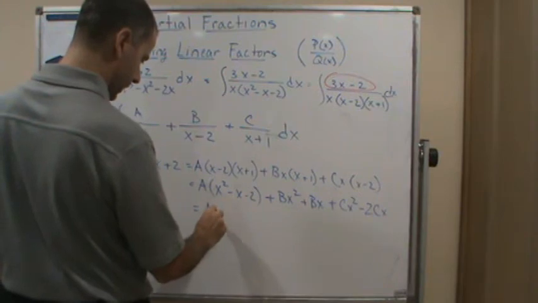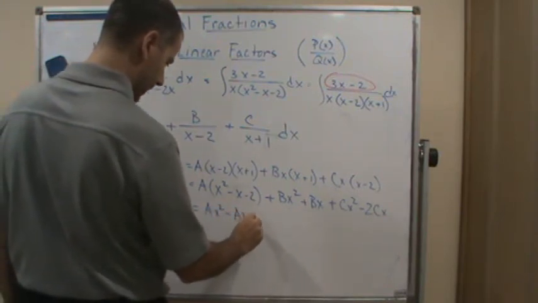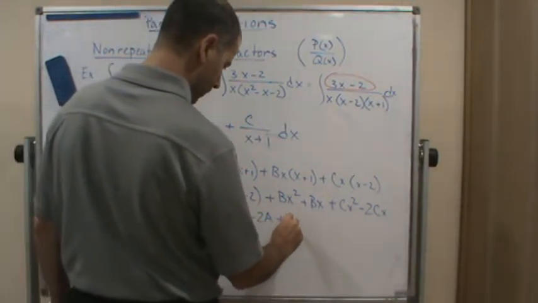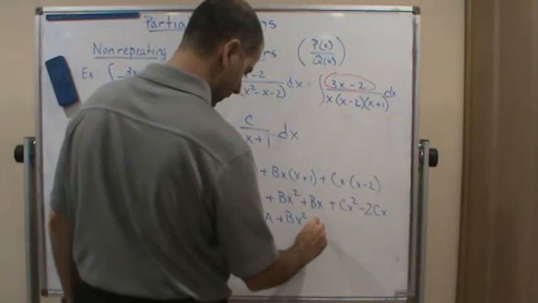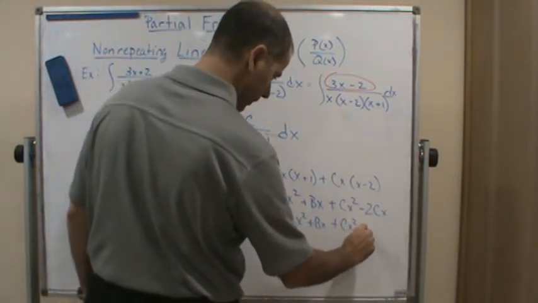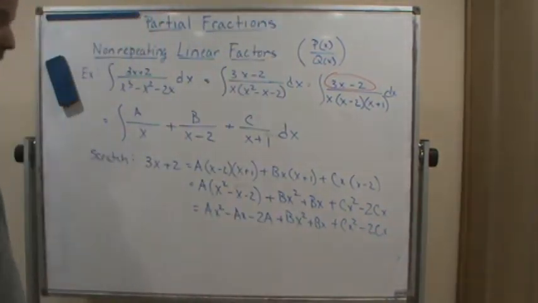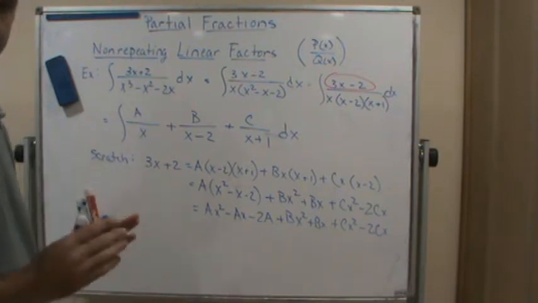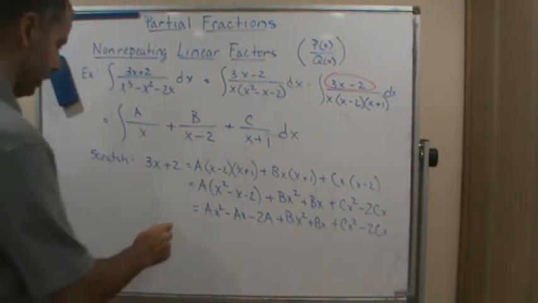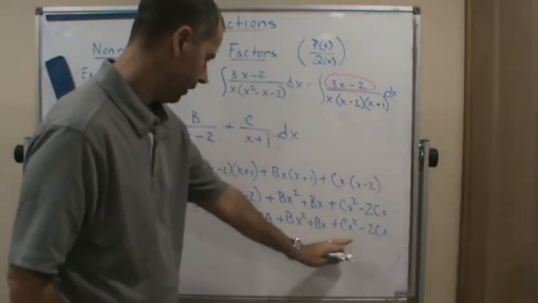And then again, I'm going to go ahead and distribute. So that's going to give me ax squared minus ax minus 2a plus bx squared plus bx plus cx squared minus 2cx. So now what I'm going to do is group the x squares together, the x's together, and the constants together. So I've got an x squared here, an x squared here, and an x squared here.